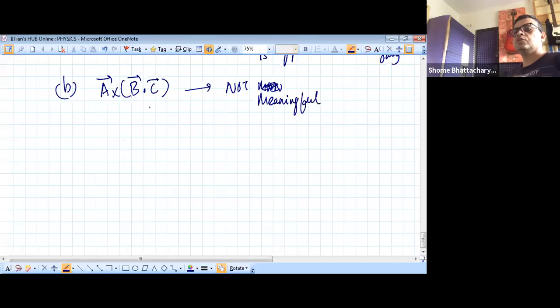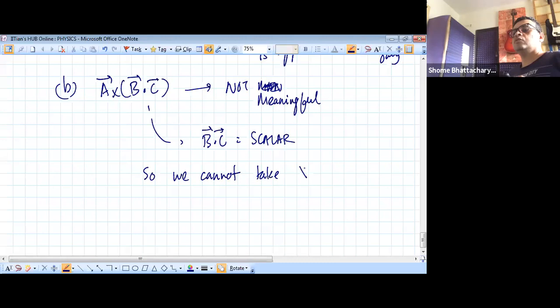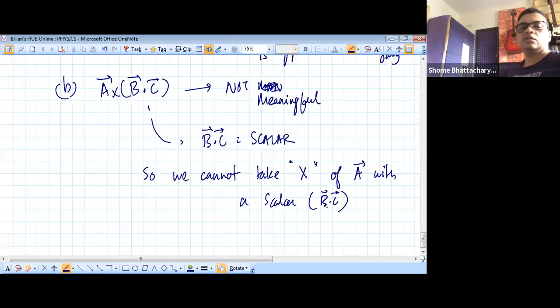Because b dot c is a scalar, so we cannot take the cross product of vector e with a scalar quantity. Whereas let me show you one option which is meaningful.